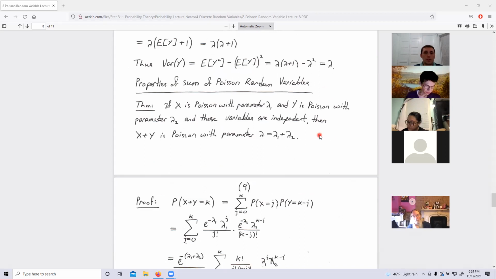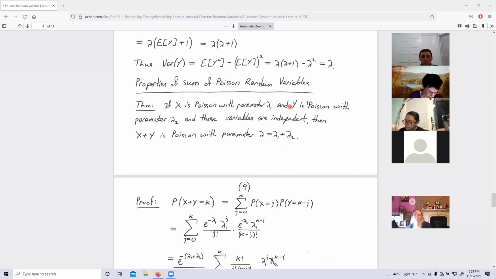Now some properties of Poisson random variables. If x is Poisson with parameter lambda 1 and y is Poisson with parameter lambda 2, and these variables are independent, then x plus y is also Poisson with parameter lambda equal to lambda 1 plus lambda 2.